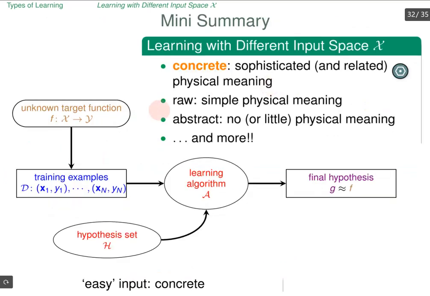We can think of concrete features as the easiest feature type in machine learning, as they can represent sophisticated physical meaning, while raw features with simple physical meaning require one more step of feature extraction, feature conversion.